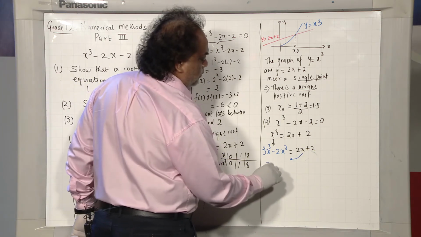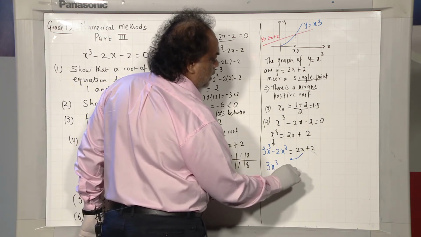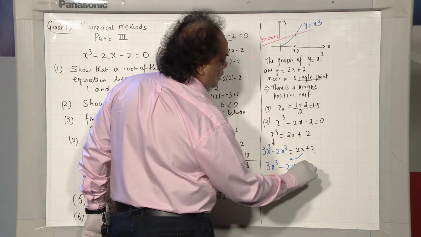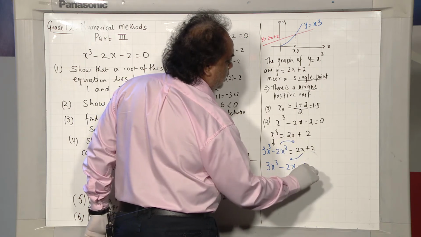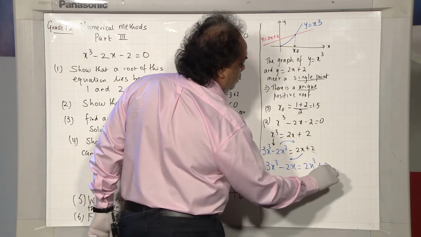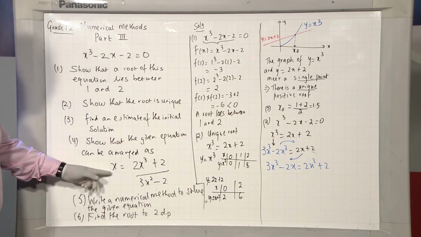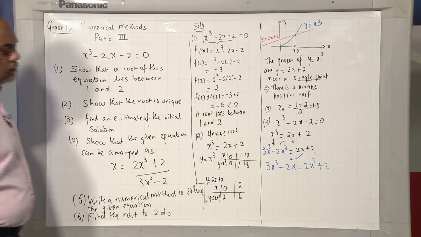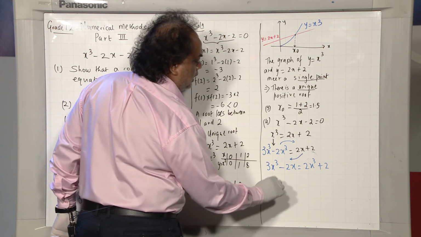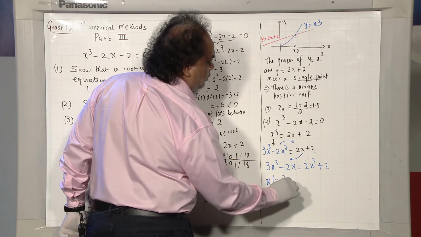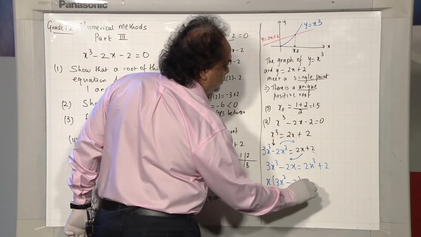So I will have 3x cubed minus 2x, and then this one goes on the other side, 2x cubed plus 2. Now, remember, I need to have x only on the left-hand side, so I'm going to factorize x, giving me 3x squared minus 2.